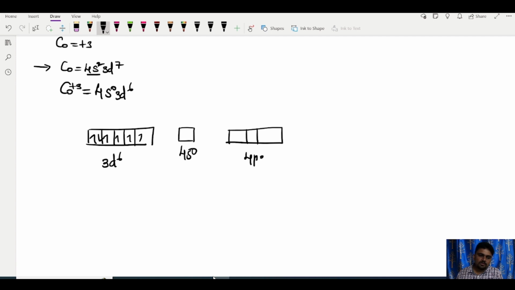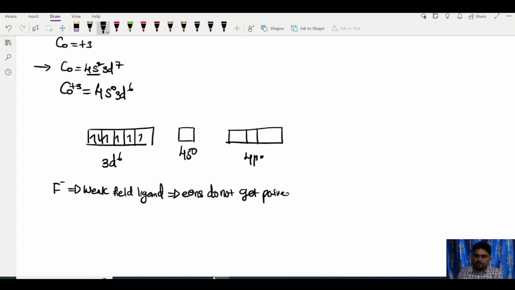This one. So here fluorine is a weak field ligand. So electrons do not get paired up.